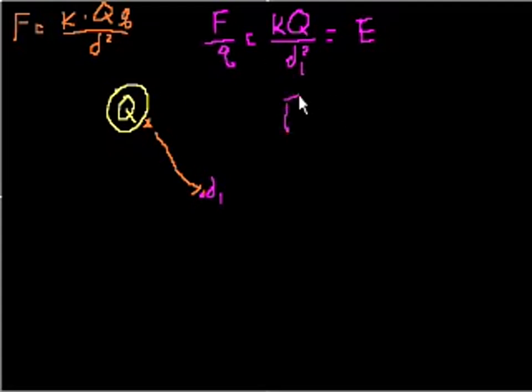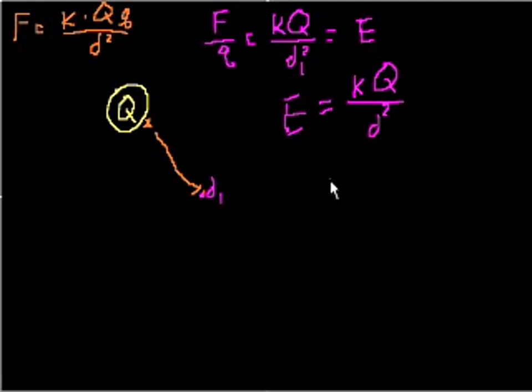So the electric field can be defined as Coulomb's constant times the charge creating the field, divided by the distance squared, the distance we are away from the charge. So essentially, if you give me a point around this charge, anywhere, I can now tell you the exact force.